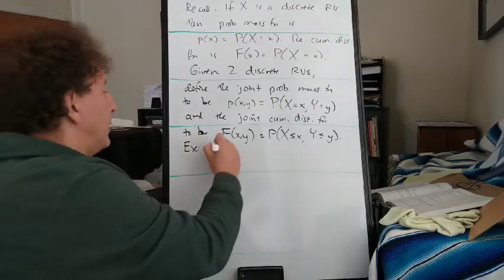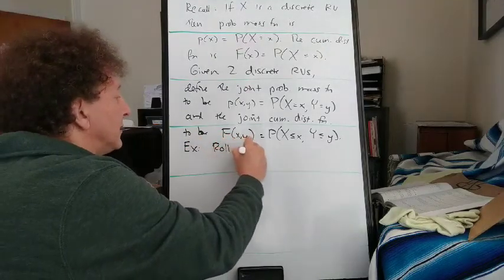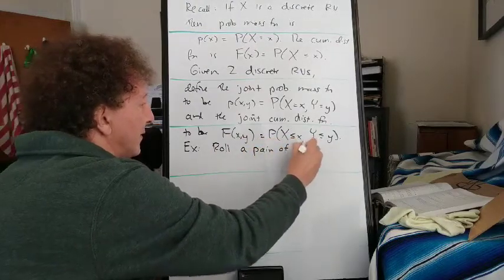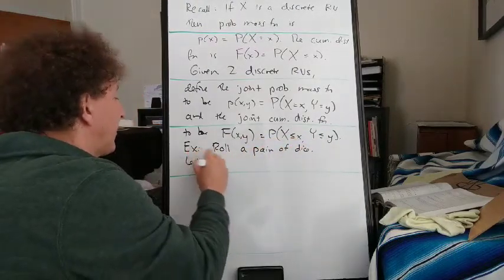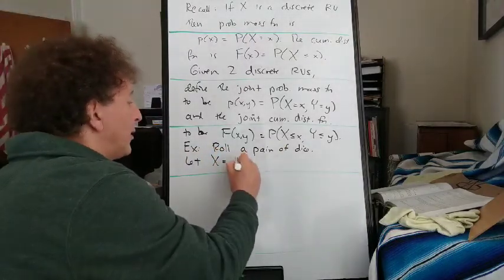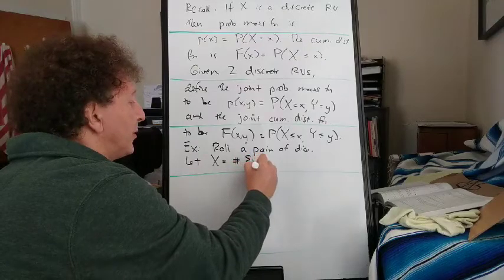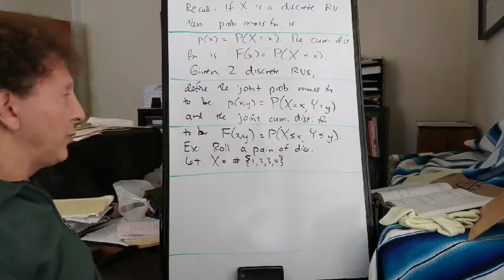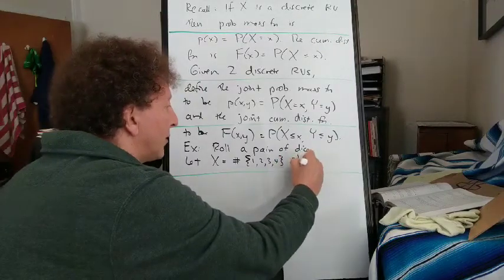So for example, let's roll a pair of dice. And let X be the number of numbers between 1 and 4 showing.